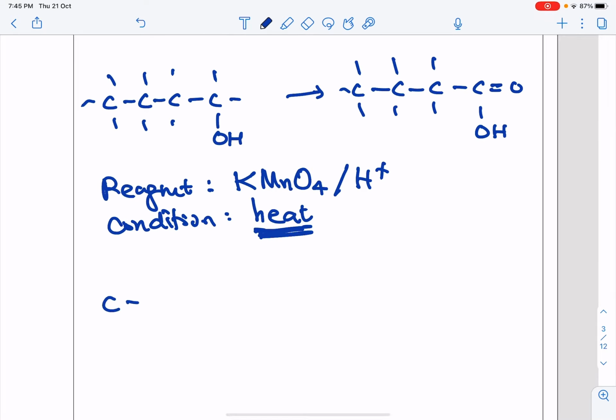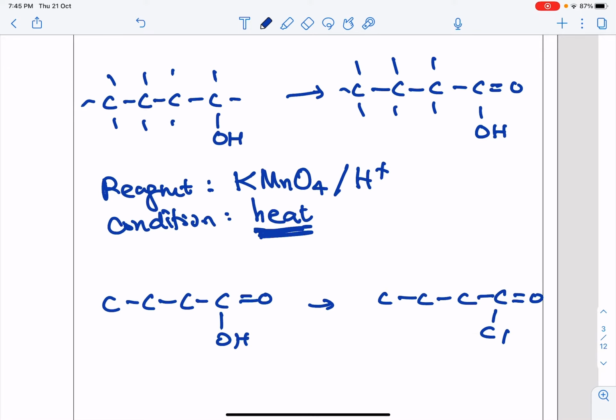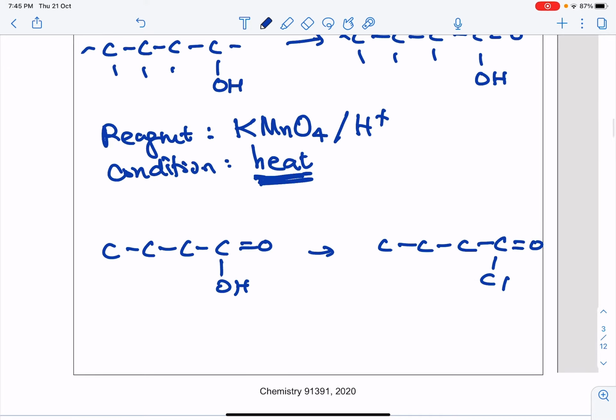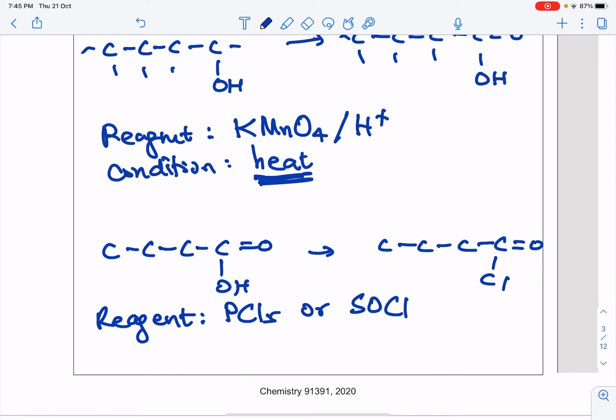Then from here, step 3, with carboxylic acid, we are now looking into the final product, which is an acyl chloride. So you can see that this is a substitution reaction by changing the OH to Cl. So in this case, you may use PCl5 or SOCl2.